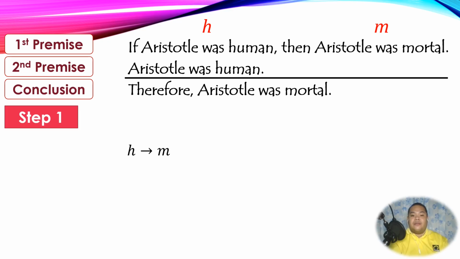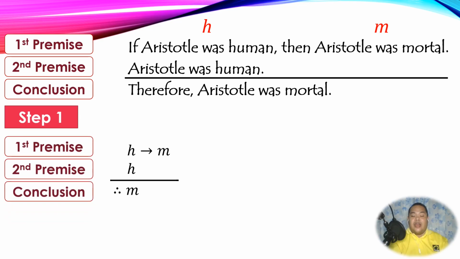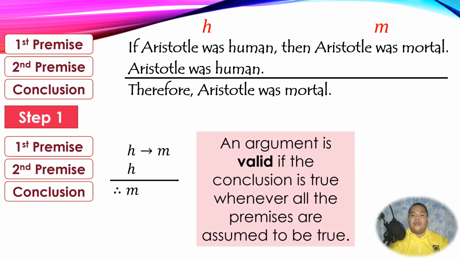Aristotle was human is H. Therefore, Aristotle was mortal is just M. So that is our first premise, the second premise, and the conclusion in symbolic form. An argument is valid if the conclusion is true whenever all the premises are assumed to be true.